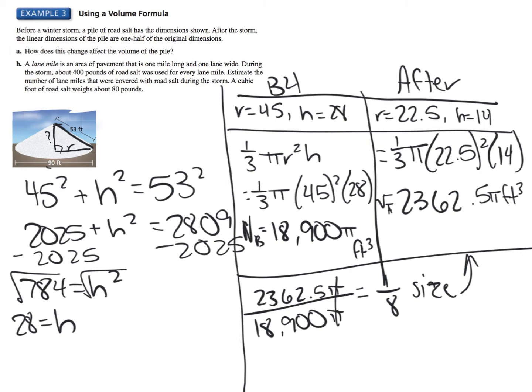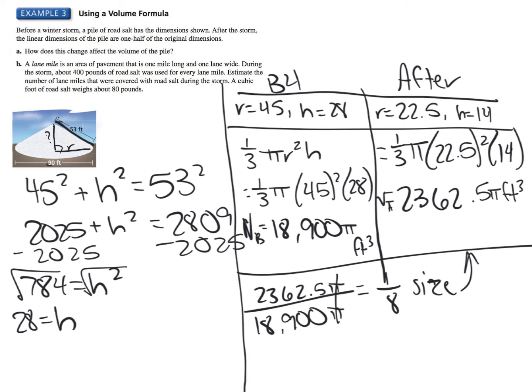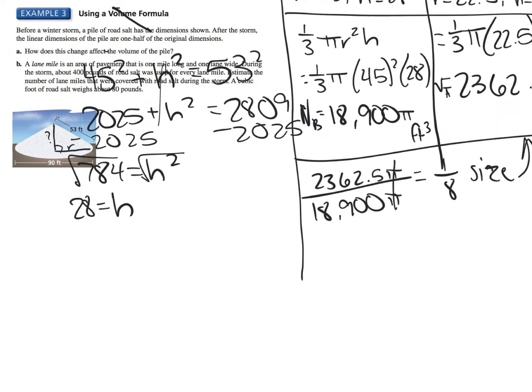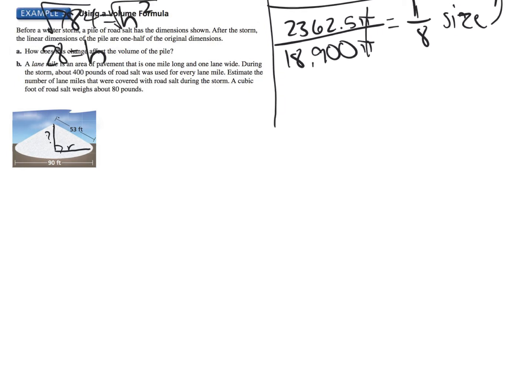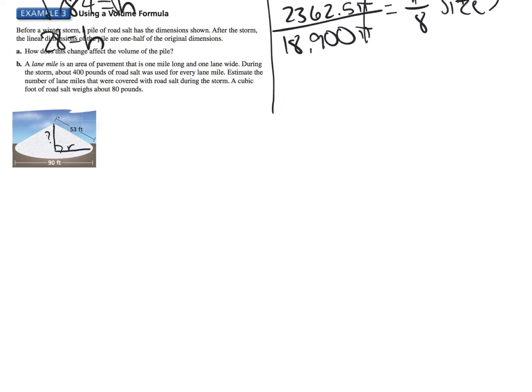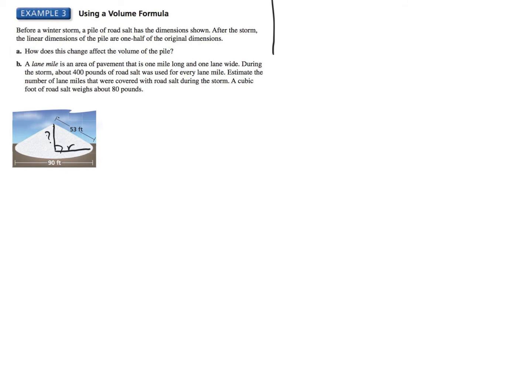So we have our before, which is 18,900 pi, and we have our after. So let's go ahead and subtract those to find out how many cubic feet were used. I'm going to bump that out of the way and rewrite it just because I'm running out of room.